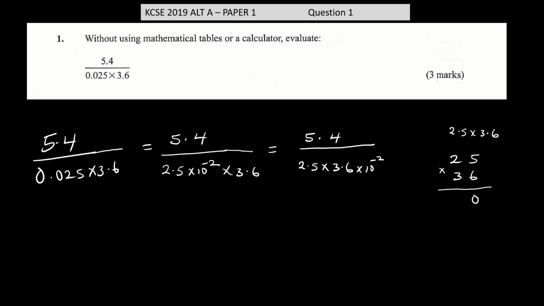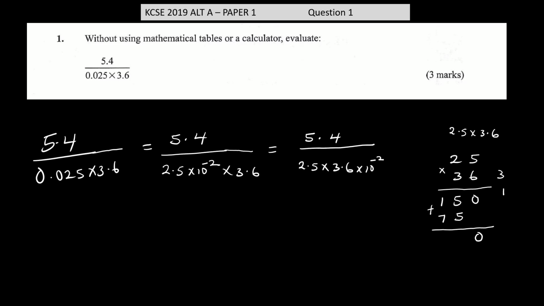We write 0 and keep 3. You have to be fast with this since we are not going to use a calculator. 6 times 2 is 12 plus 3, that is 15. 3 times 5 is 15. We write 5 and keep 1. 3 times 2 is 6 plus 1, that is 7.